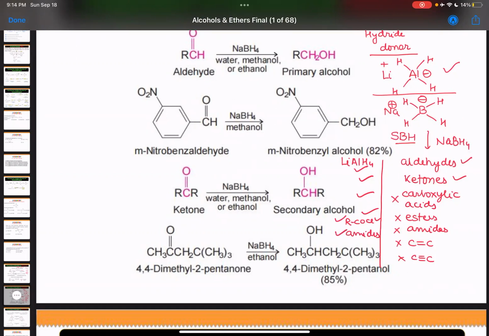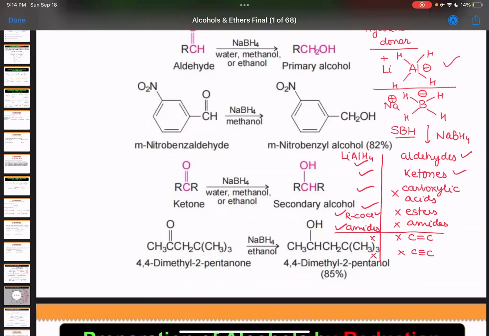Amides will be reduced, but with LAH you are going to get amines. So that comes under the preparation of amines. But double bonds and triple bonds still can't be reduced by LiAlH4. Is it clear? Yes, sir.